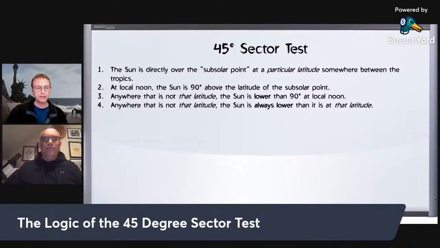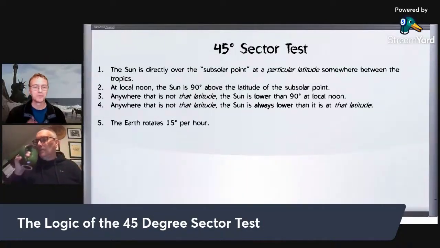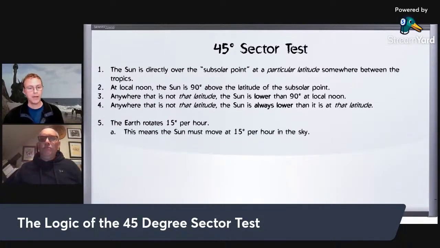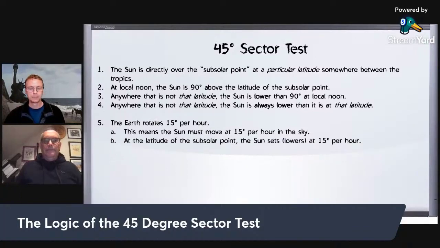Okay. So the next point that I say here is the Earth rotates, according to the heliocentric model, at 15 degrees per hour. That causes the sun to move almost exactly 15 degrees per hour in the sky, regardless of the time of day. The sun sets at 15 degrees per hour, right?